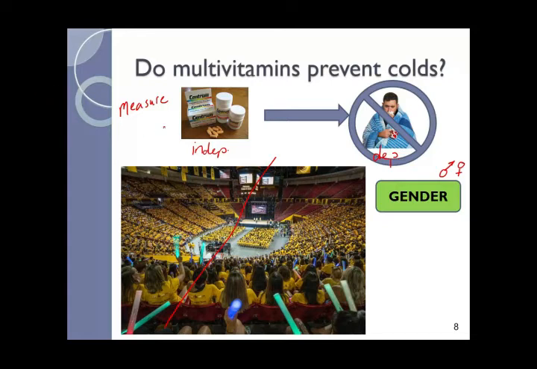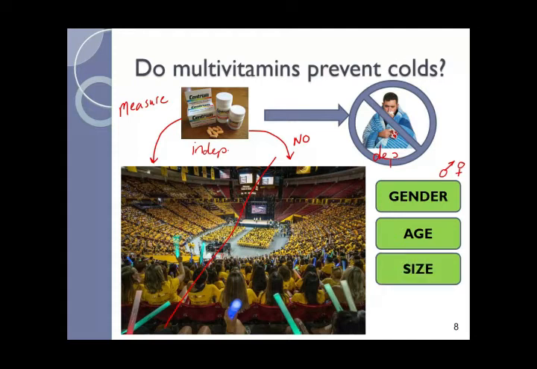All right, let's say that we're going to give the multivitamin to this group and not to this group over here. Well, we need to make sure that the only difference is whether or not they're getting the multivitamin. What else should we take into account? Age? Hey, perfect. This is pretty much taken care of. They're all about the same age, just a freshman class. Body size. Well, that definitely can affect people's health. Really a common variable we want to control.